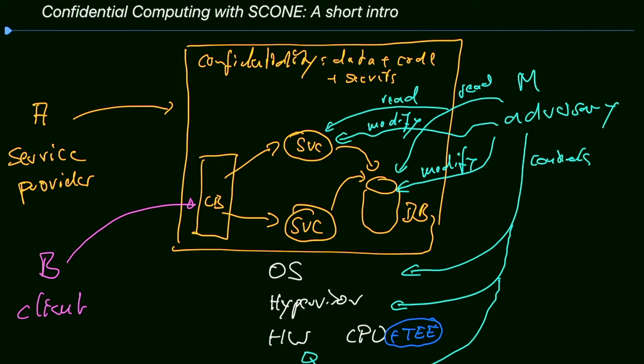So therefore, Alice also wants to protect her service in the sense that no modification can be performed by Mallory, and so that the results are correct that she sends to Bob, and also that the state of the database is correct. So she wants to enforce integrity, both of the data and the code, and maybe also the secrets.